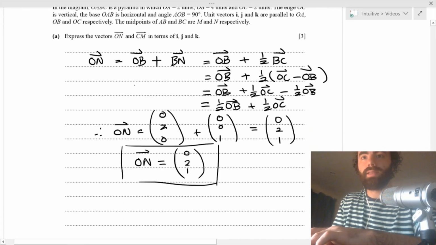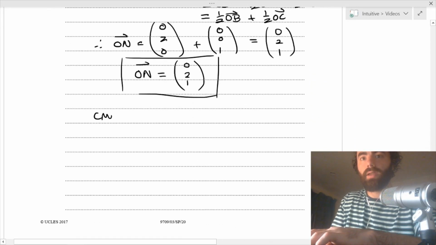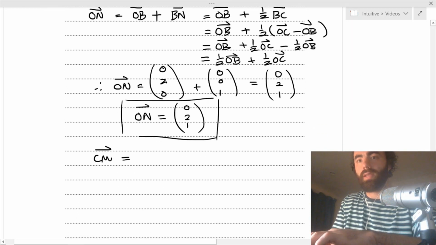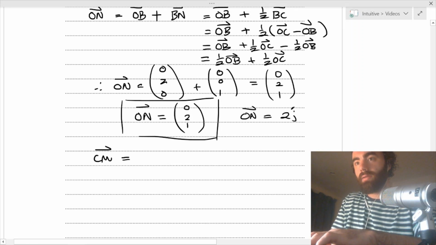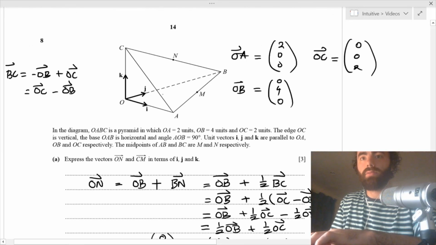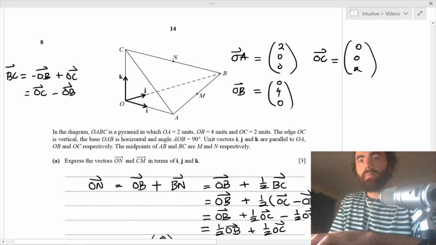Okay, and then we need CM. So let's do a similar thing. In IJK form, ON equals 2J plus K. Now CM, so where's C? How do we want to do this?